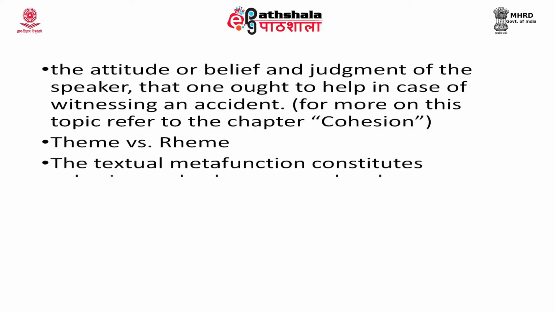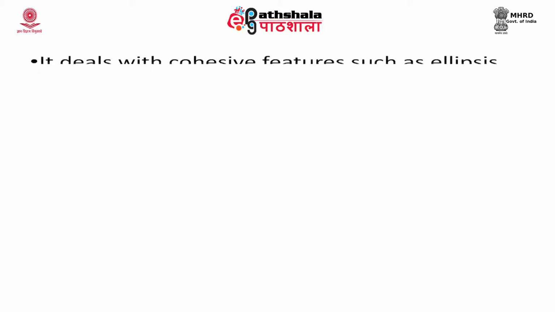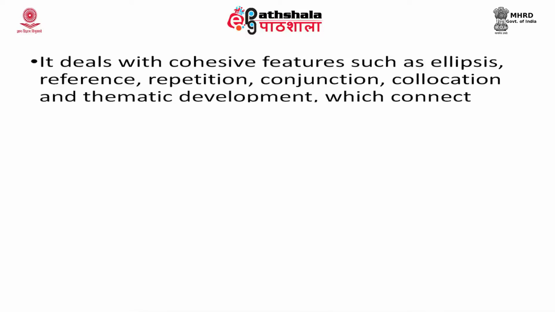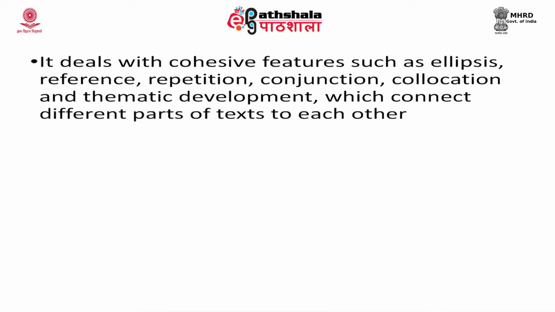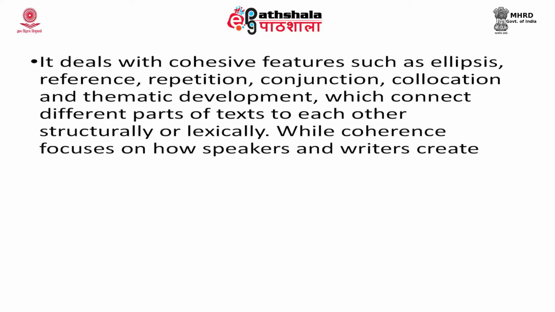Theme versus rhyme. The textual meta function constitutes cohesion and coherence and makes sure that the utterance achieves relevance in a context. It deals with cohesive features such as ellipses, reference, repetition, conjunction, collocation, and thematic development, which connect different parts of text to each other structurally or lexically.